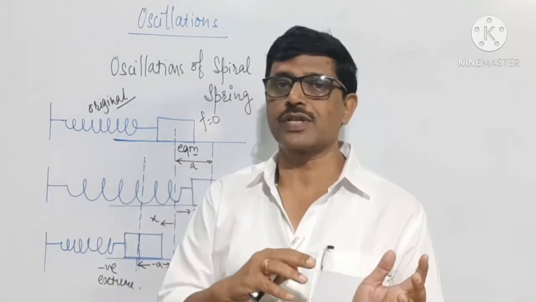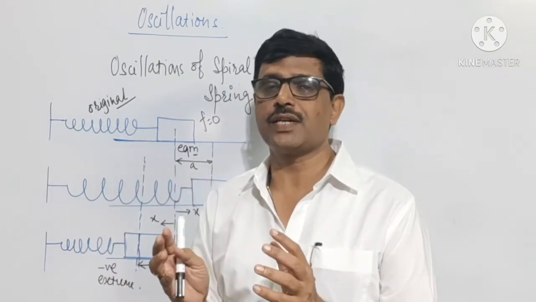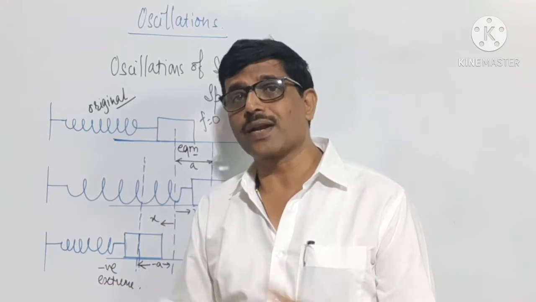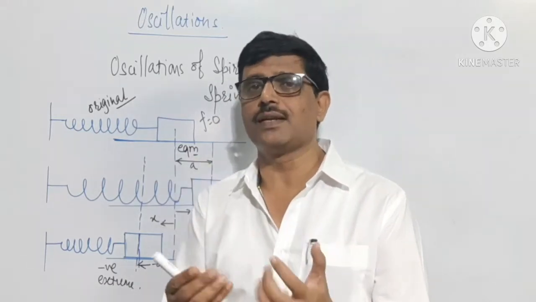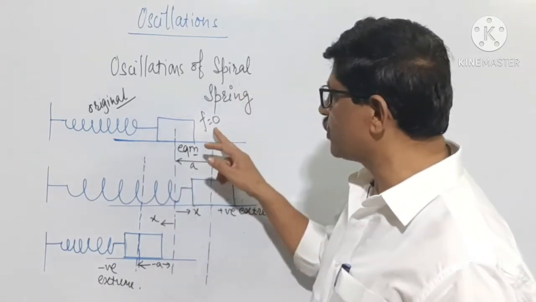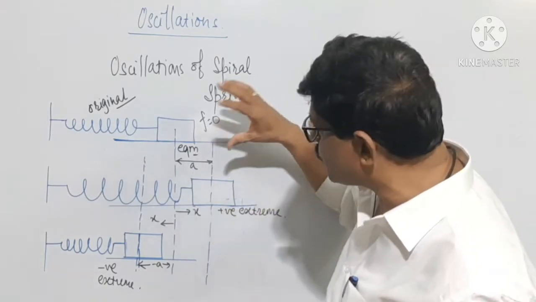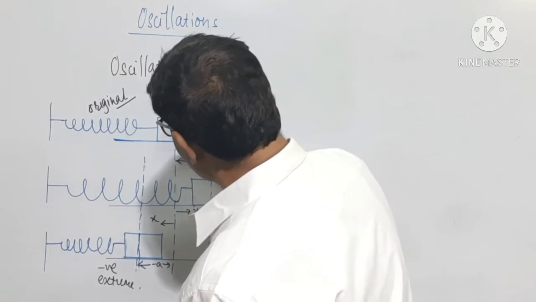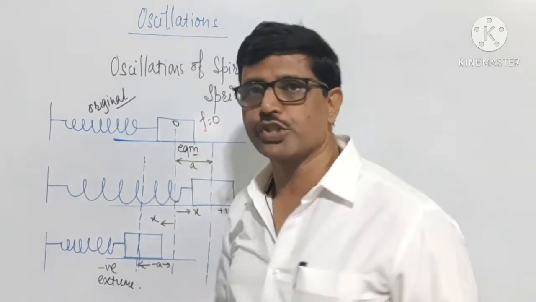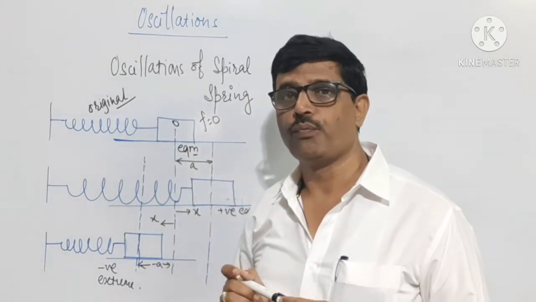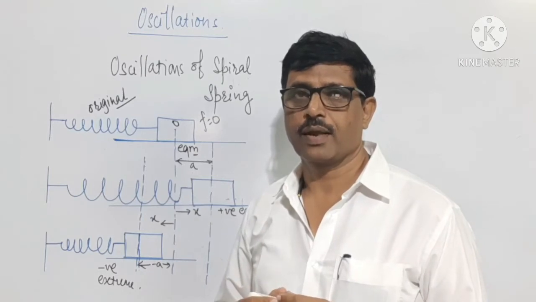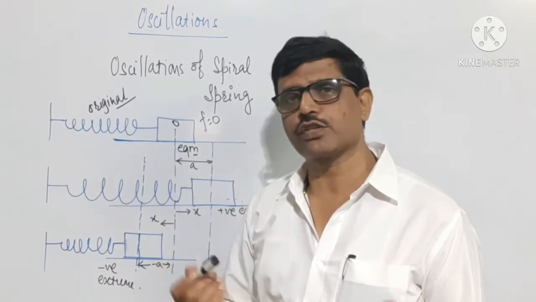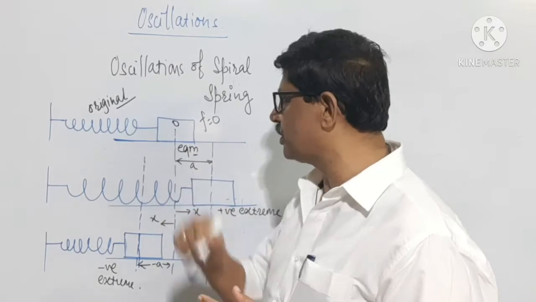The restoring force has to bring it back to the original dimension, but it is already there. Therefore, there is no restoring force acting on it, and it is said to be in equilibrium. Let that equilibrium position be represented by O. At equilibrium, there is no restoring force.